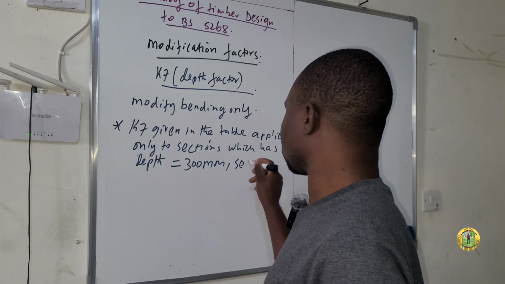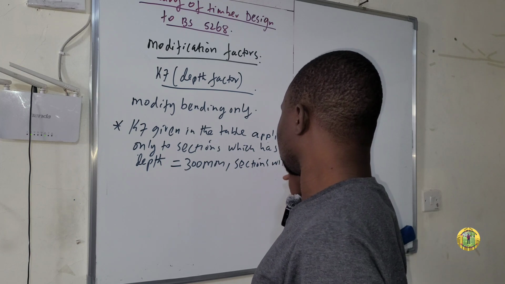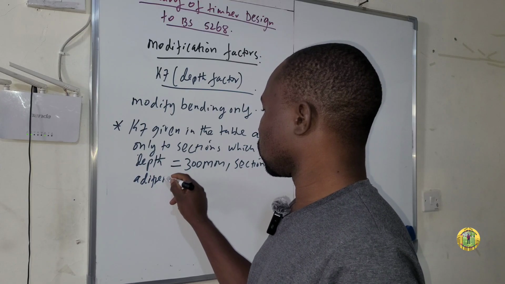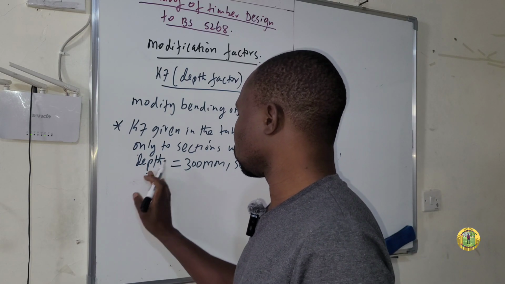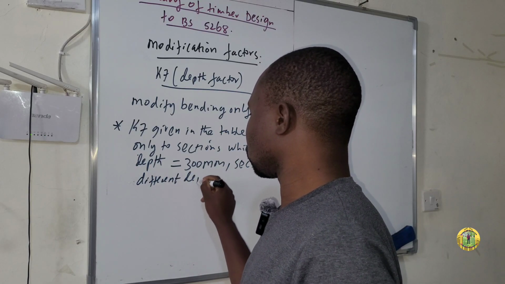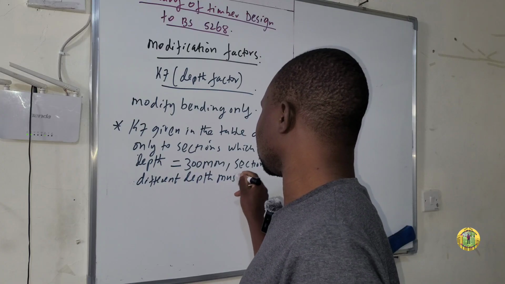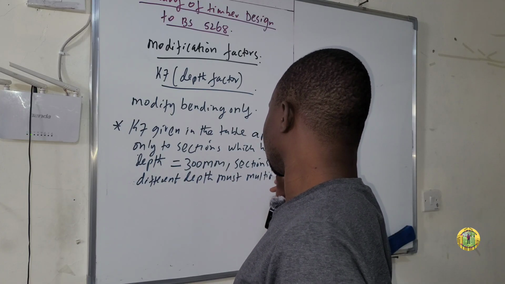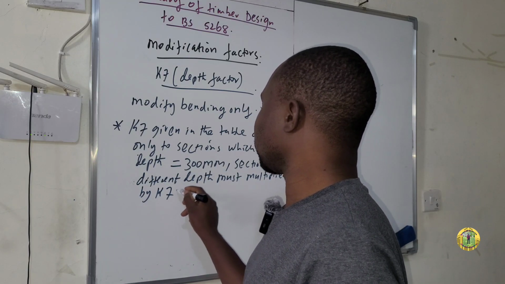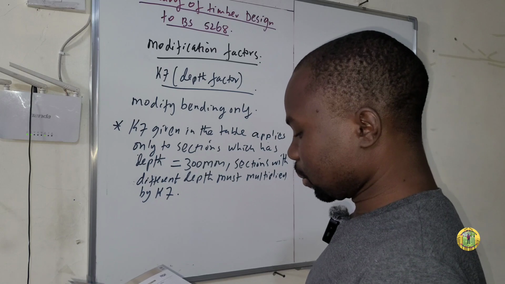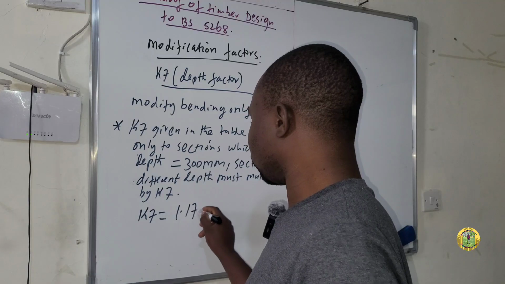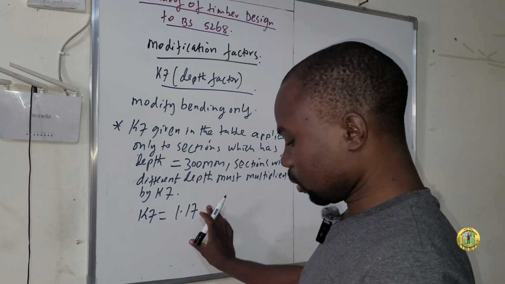must be multiplied by K7. Yes, by K7. So I will start: K7 is equal to 1.17.